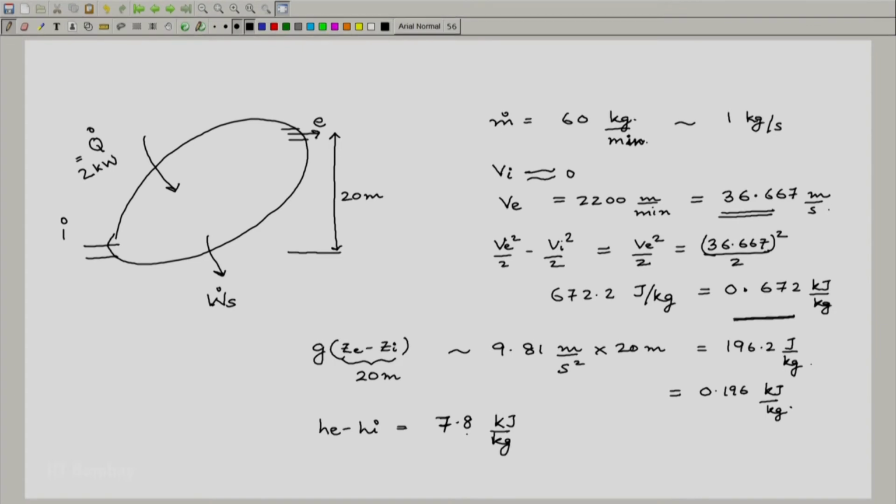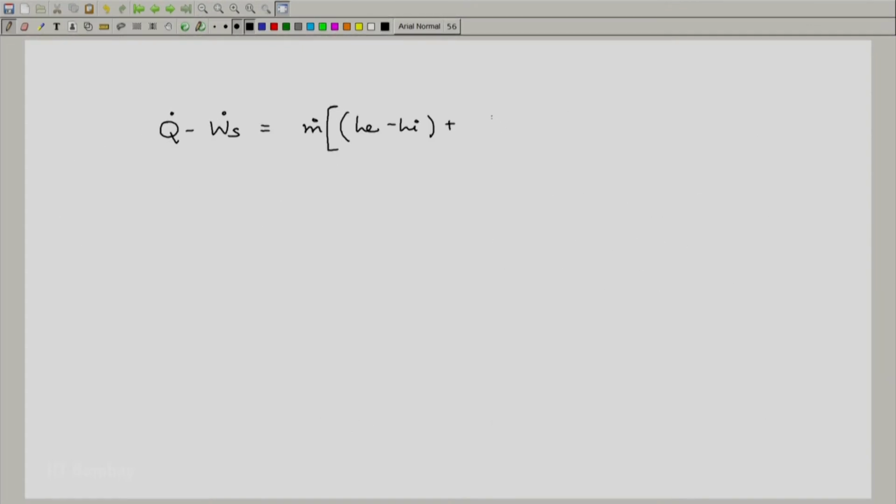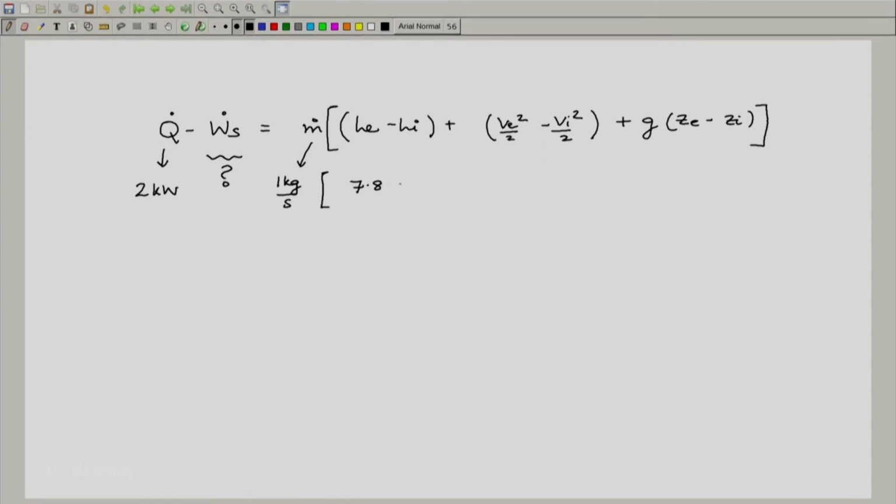Let us just write down the first law now. So, we know all the quantities. This is a positive quantity, it is 2 kilowatt. This has to be found out. This is 1 kilogram per second. This He minus Hi is 7.8 kilojoule per kg.